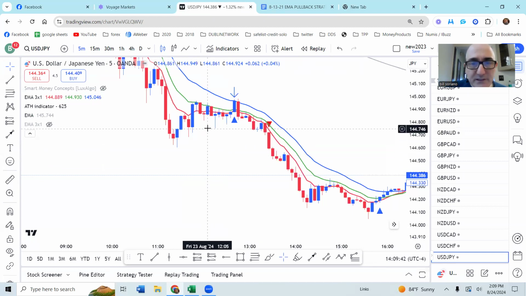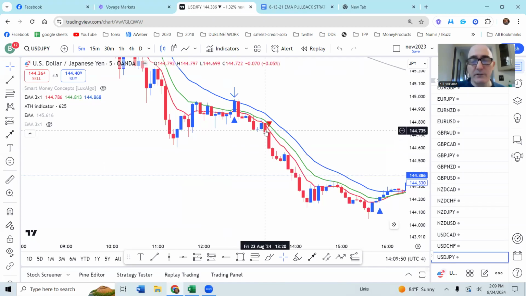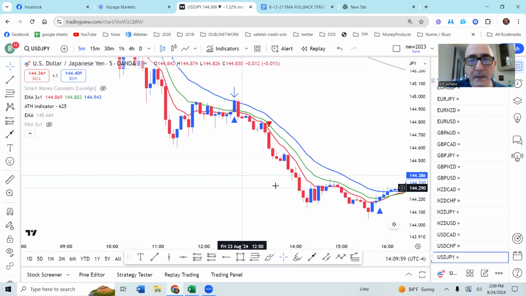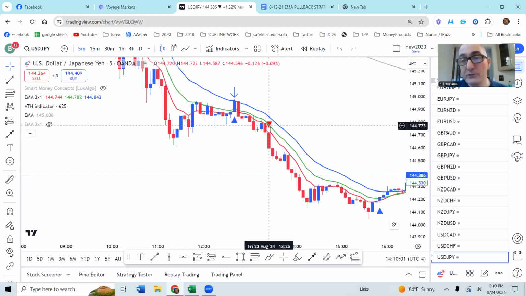What you could do is set a limit order at that area, and you could leave the house, do whatever you want to do, go to sleep. You would set that order at the same time as your stop loss and your take profit, which I'll show you in a minute. And then you could leave and you would have gotten in that trade probably on that same candle there.